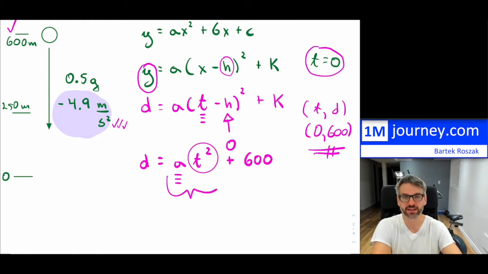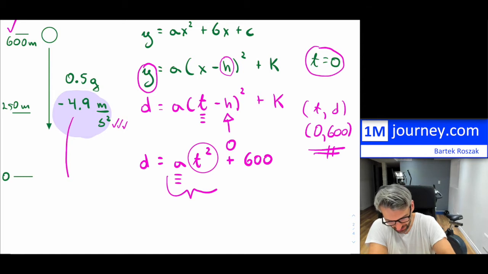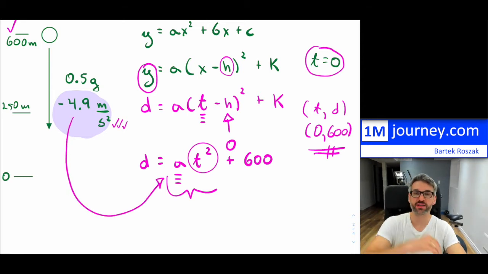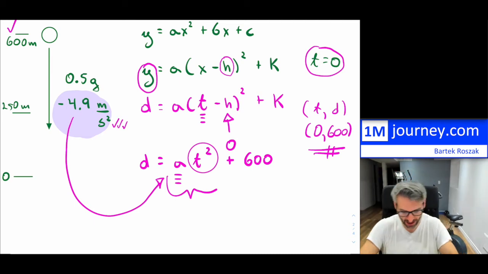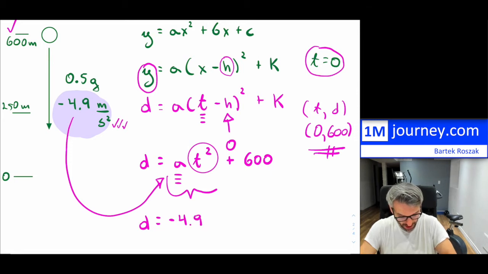So the only way to get distance is if you make this A how quickly you're falling down, and this is going to be d equal to negative 4.9 t squared plus 600.